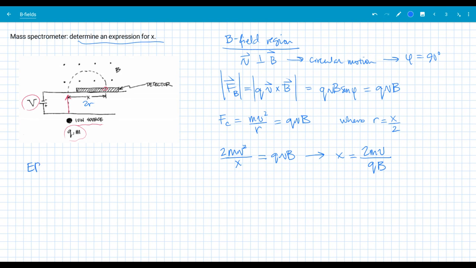And I can say that the electric potential energy of the particle initially, that all goes to kinetic energy of the particle. So as the particle is accelerated through the electric field, and remember this is electric field in here, right? As it's accelerated through the electric field, the energy changes from electric potential energy into kinetic energy.